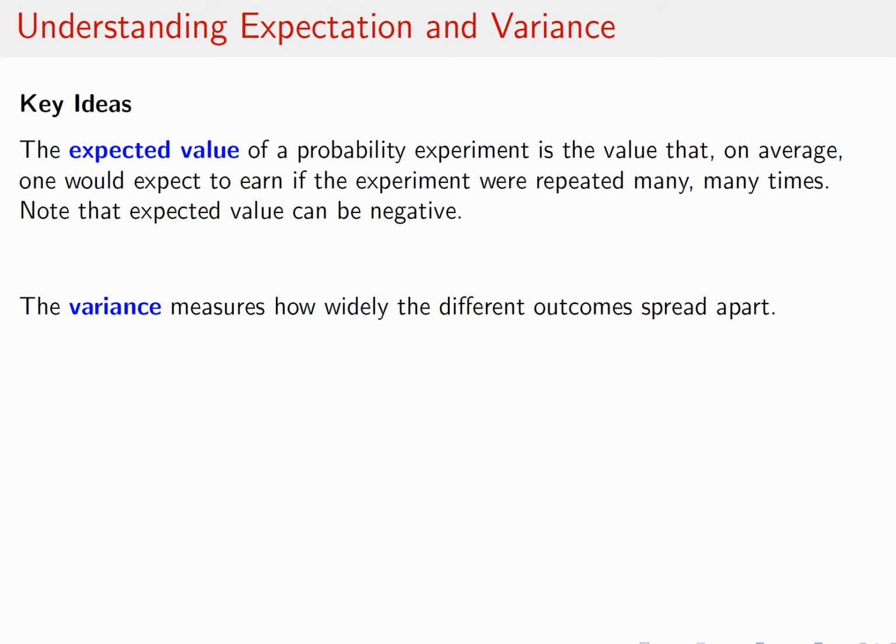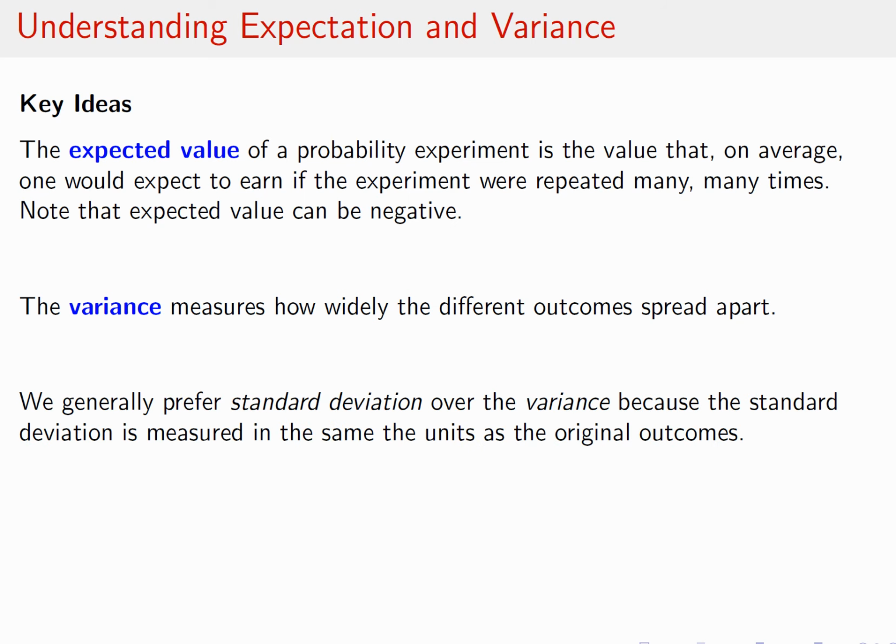The variance measures the dispersion, or how far these outcomes scatter. It's a weighted average, so outcomes that are more likely more heavily influence the variance. So that's something to know. And as I said before, we generally prefer the standard deviation over the variance.